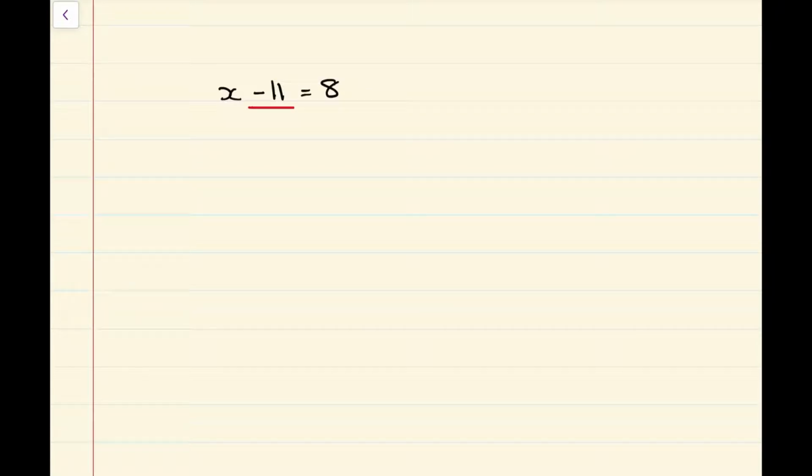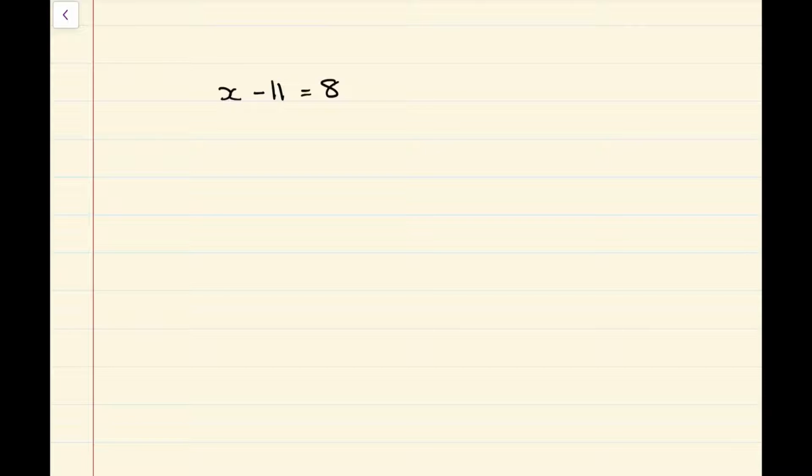So if we see here, x is being subtracted by 11, or rather, 11 is being subtracted from x. Once we take this 11 over the equal sign, we have to do the opposite of what's happening here, and what's happening here is subtraction. So when we take the 11 over the equal sign, we have to perform addition, which is the opposite of subtraction.